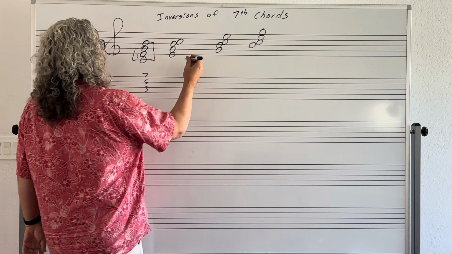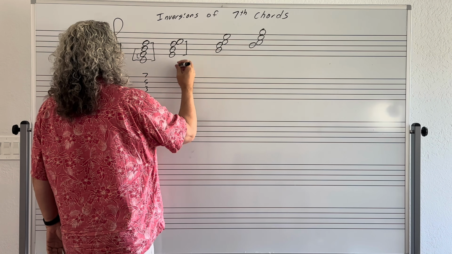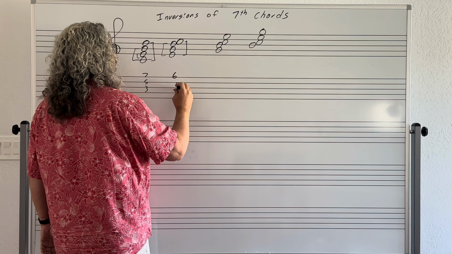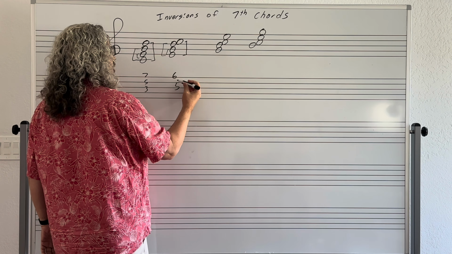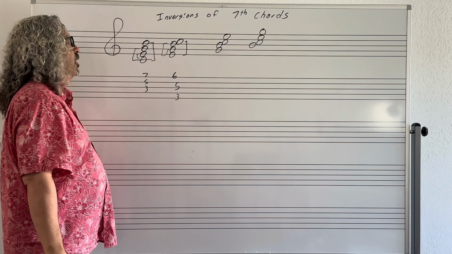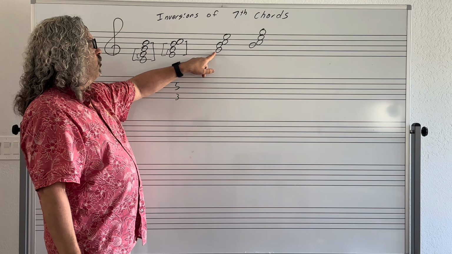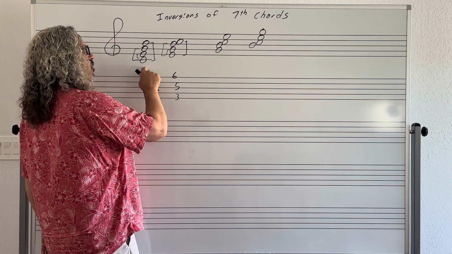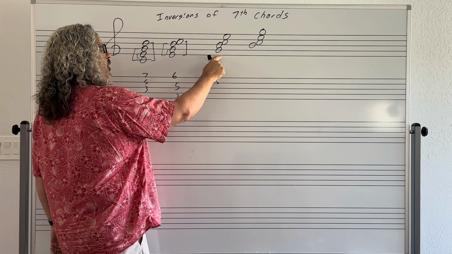Okay, let's take a look at this one. On top, that right there is a sixth, that's a fifth, and this interval right here is a third. Now let's look at this one: I have the fifth in the bass. So root in the bass, third in the bass, the fifth is in the bass.